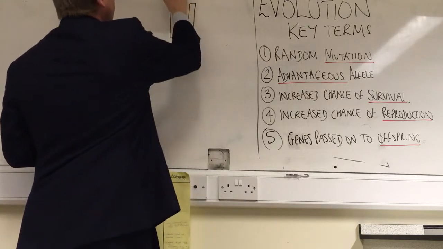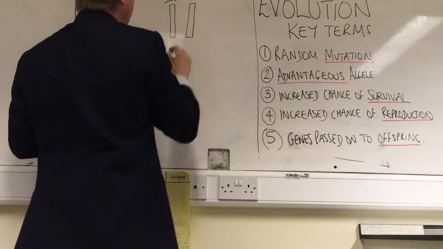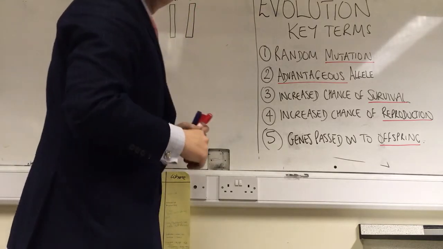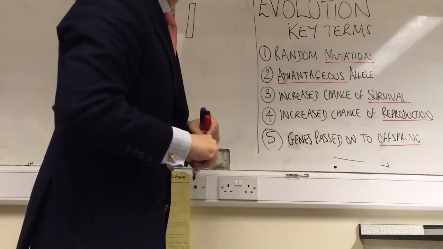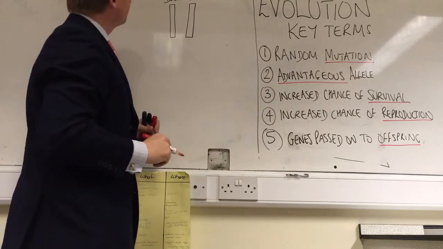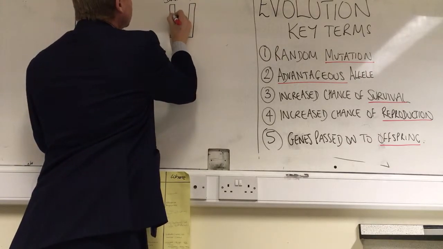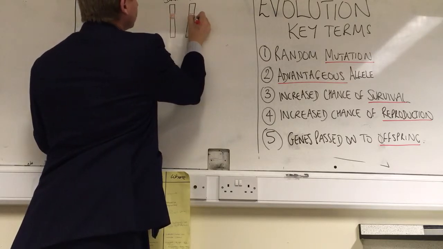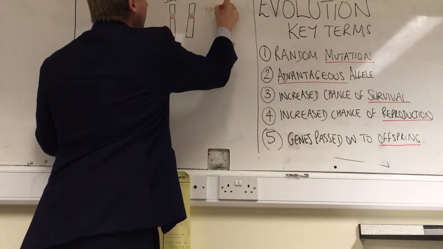We've got a chromosome here, one from dad and one from mum. And what we're going to do is we're going to turn these into giraffes. So daddy giraffe and mummy giraffe. And they have both got a gene that they donate here for neck length.